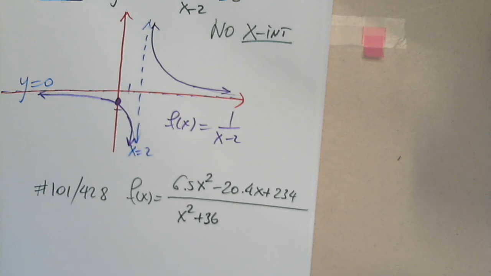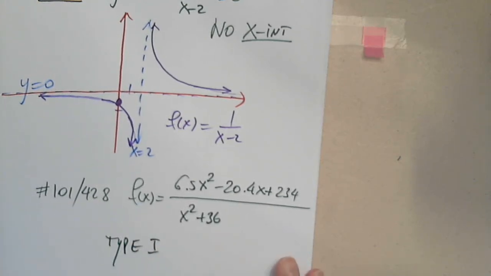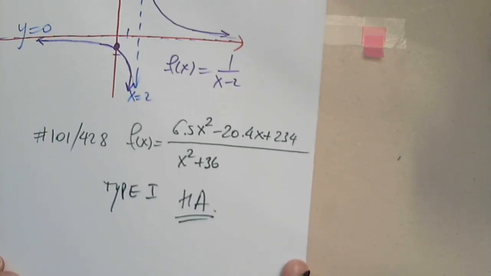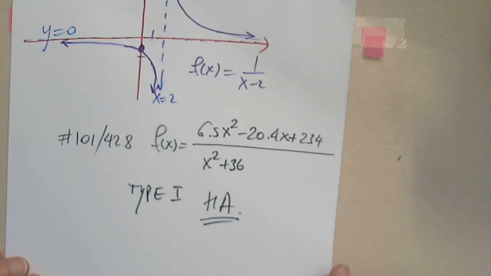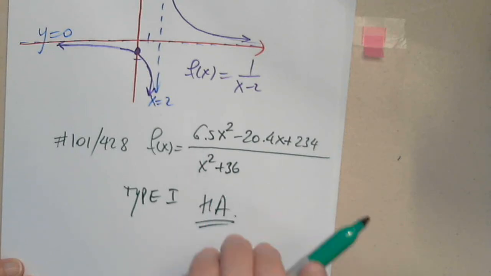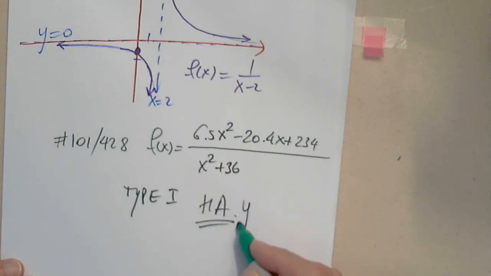So it's type 1, right? Yes, indeed. Type 1. Can anyone give us the horizontal asymptote for type 1? The leading coefficient over the leading coefficient? Yes, but always make sure that they are in descending order. Are they in descending order? Yes. Very good.